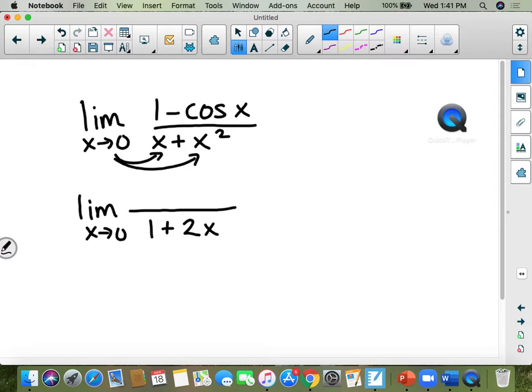The derivative of 1 goes away. The derivative of a negative cosine of x is a positive sine of x. So I just used L'Hopital's rule, finding the derivative of the top over the derivative of the bottom. I plug 0 in here and here. I get 1 on the bottom, and on the top, the sine of 0 is 0, which ends up being 0.